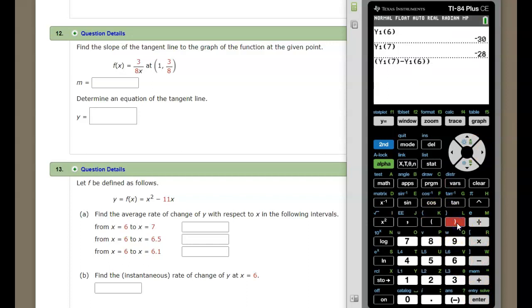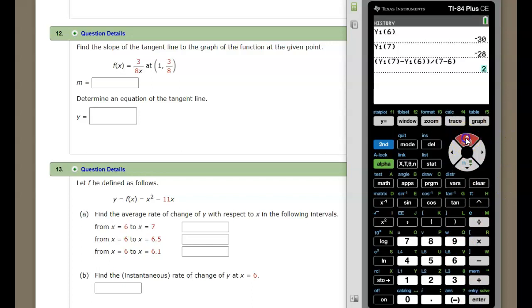So that's y2 minus y1 divided by, and I'm going to put the x2 and x1 in the same locations as above, in the respective locations. So I have 7 minus 6, which is a little bit of overkill, but I'm trying to make a point of how you can use your calculator to help you get these very quickly. Do enter, and you're done.